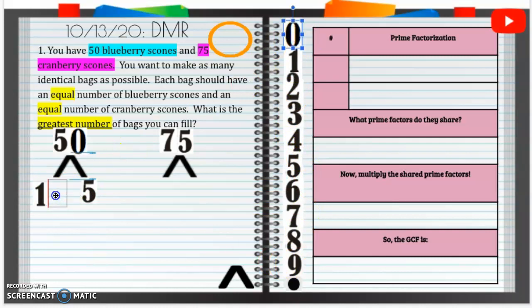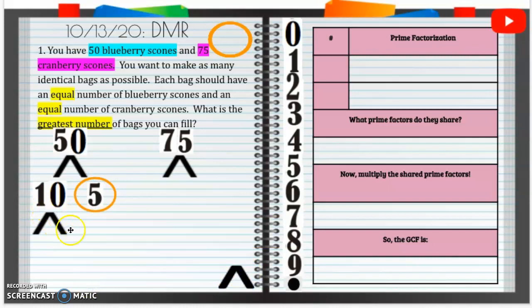Now, are either of these a prime number? Is 10 a prime number or is 5 a prime number? 5 is actually a prime number because the only two factors are 1 and itself, meaning you can't break it down anymore. What about 10? Can you break it down? Yeah, so that's called a composite number. So our composite number, we're going to break it down.